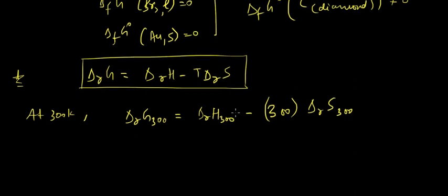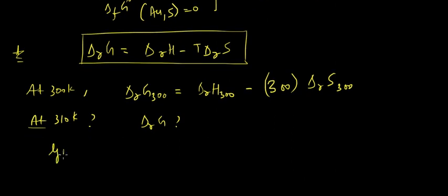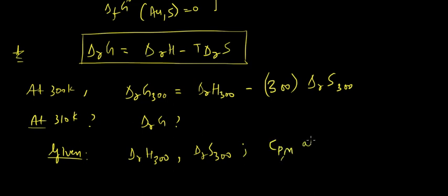Okay, and similarly, what would be the value of delta R G at 310 K? We have been given delta R H300, delta R S300 and CPM at the temperature.